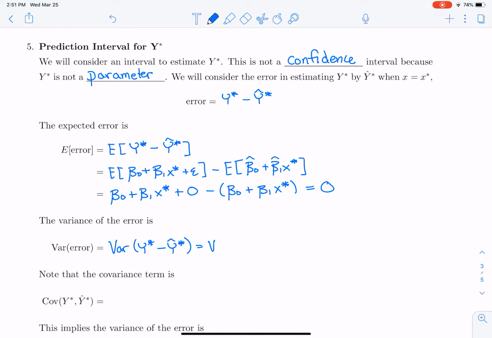That, using our general formula for variance, is going to be the variance of y star plus the variance of y star hat minus 2 times the covariance of y star and y star hat. Now that minus sign comes from this minus sign right here. Okay, so let's look at that covariance term.